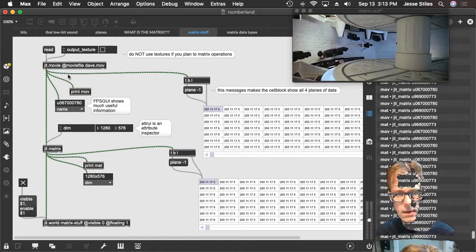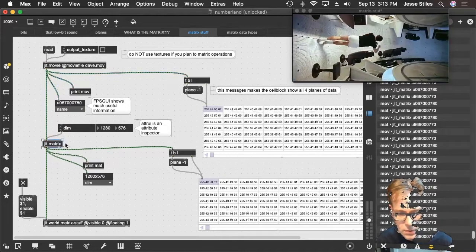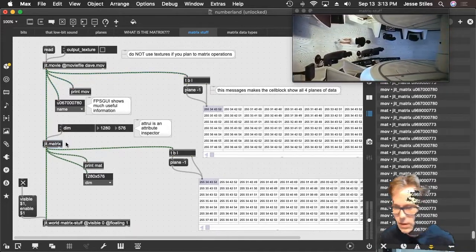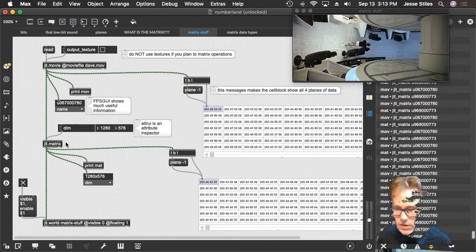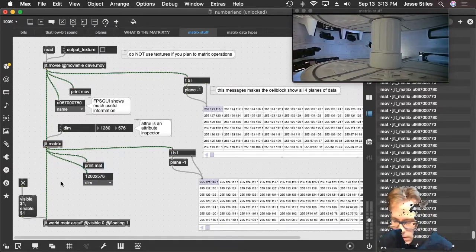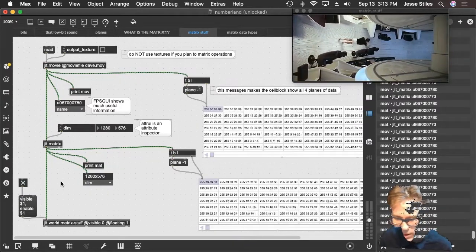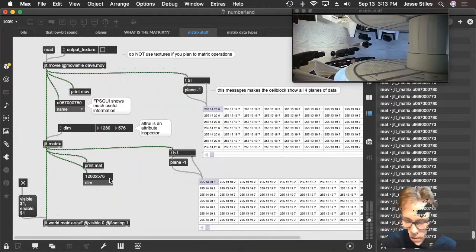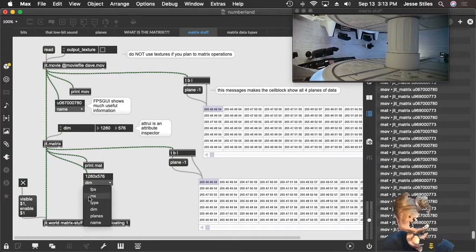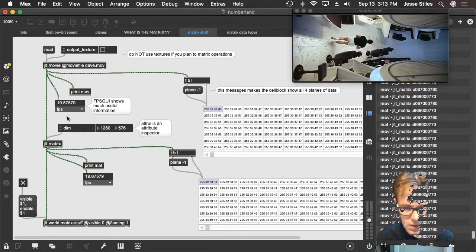Now we're taking the output of jit.movie and we're running it through jit.matrix, where we can do some basic matrix operations on it. And actually by default, jit.matrix just passes the input to the output with no change at all. So if we look at the FPS GUI down here, we should see basically all the same information.